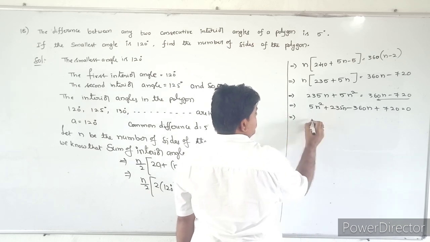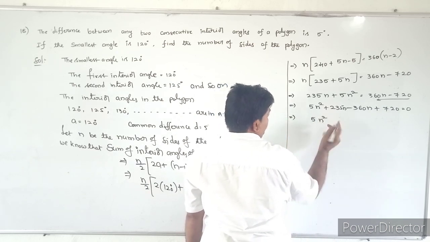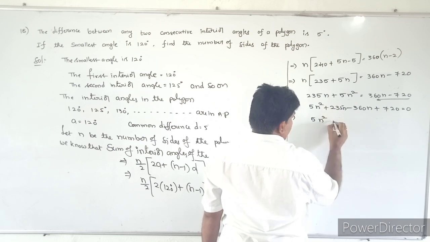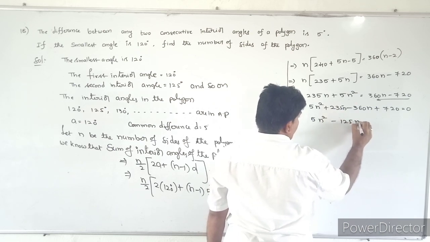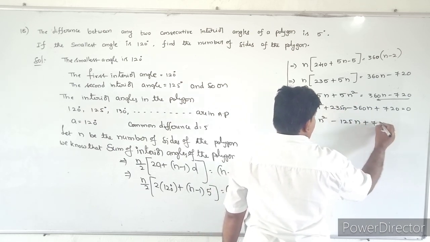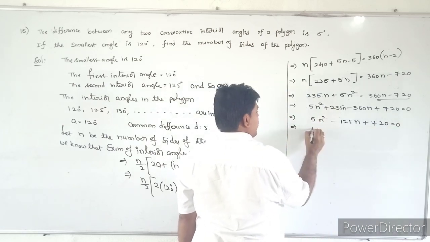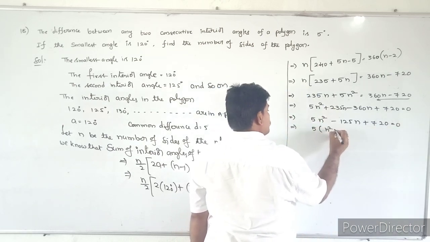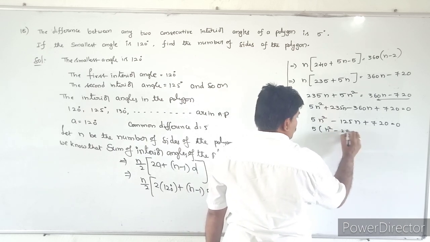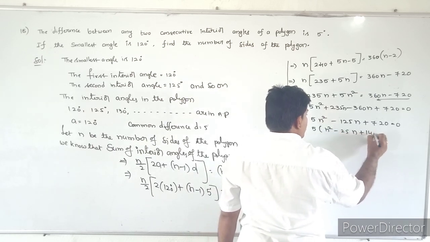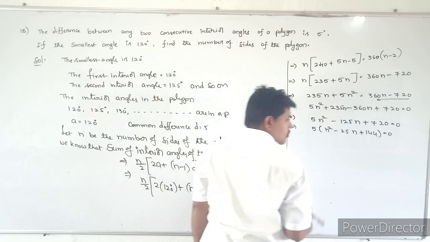So that implies 5n square, 235 minus 360, that is nothing but minus 125n, plus 720, is equal to 0. So you can take the 5 common here, so it will become n square minus 25n plus 144 is equal to 0.